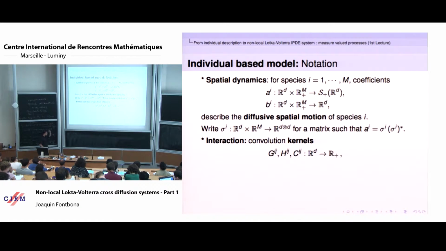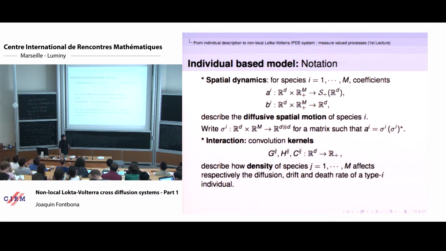Okay, so the interaction between species, or between individuals, will take place through three types of kernels. I will call these kernels G, H, and C. They describe the interaction between the species by means of their densities.